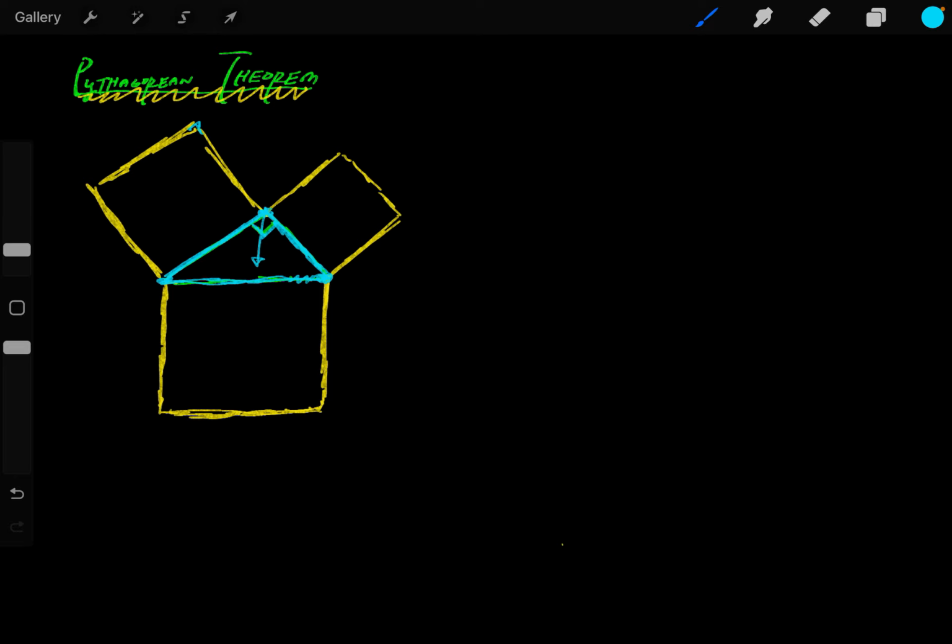This side that I'm outlining is called the hypotenuse. The side that is opposite the right angle is called the hypotenuse.